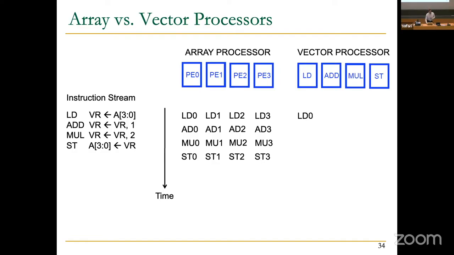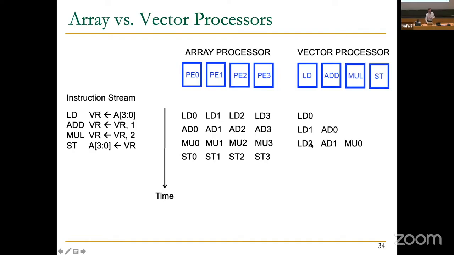In the first cycle, you start loading the first element from address A to the vector register's 0th element. In the next cycle, you load element 1. Concurrently, the first result is done, hopefully, and you can add 1 to it. So you're operating on the 0th element and adding 1 to it in the add unit.